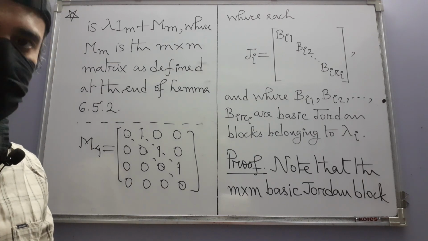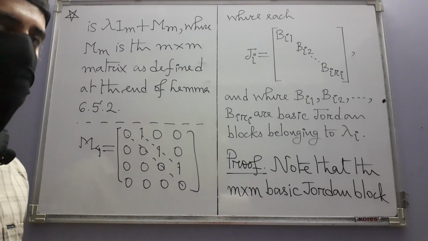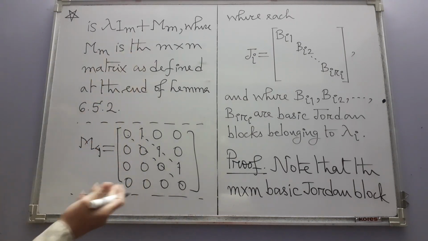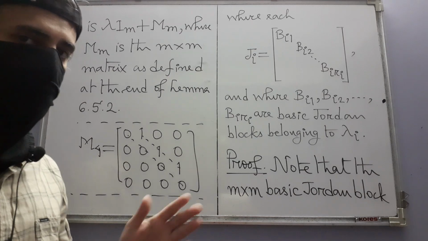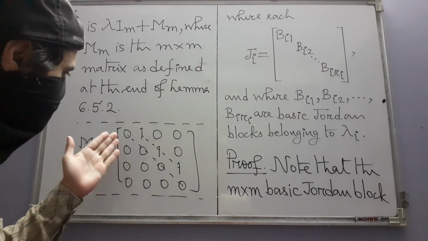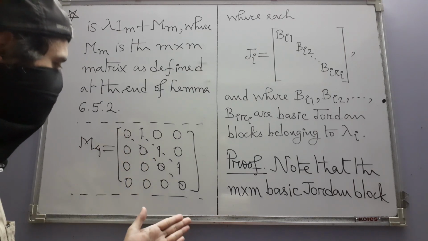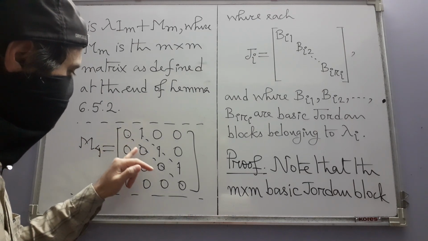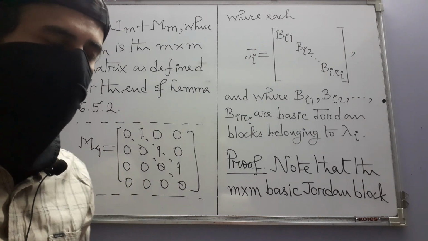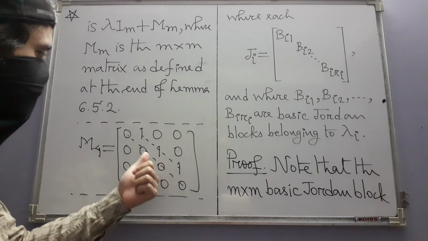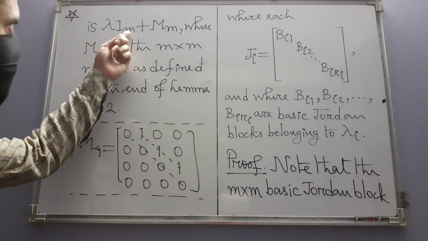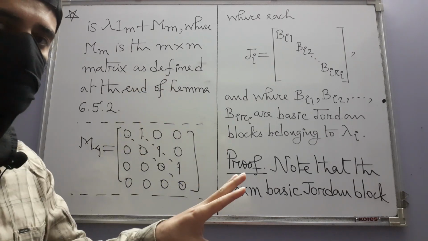Those are the only non-zero entries, elsewhere it's all 0. And I_m of course is the m by m identity matrix. Do you see why this is true? Because that's how a Jordan block has been defined. A basic Jordan block almost looks like this, except we have lambdas here, not necessarily 0. We may have 0, but in general we have lambdas. So obviously a basic Jordan block can be written like this, lambda times the identity matrix of that size plus M_m.